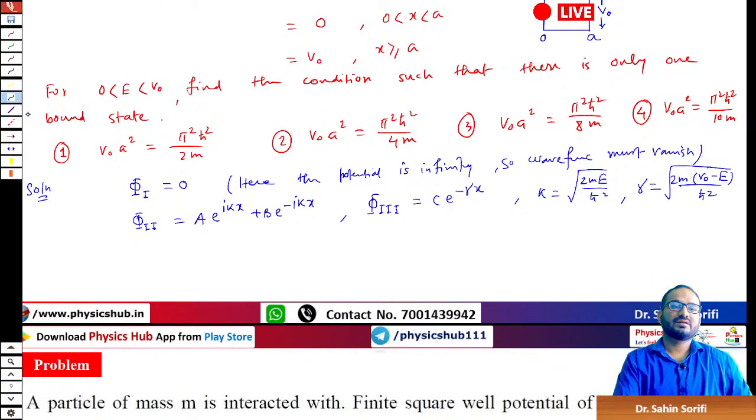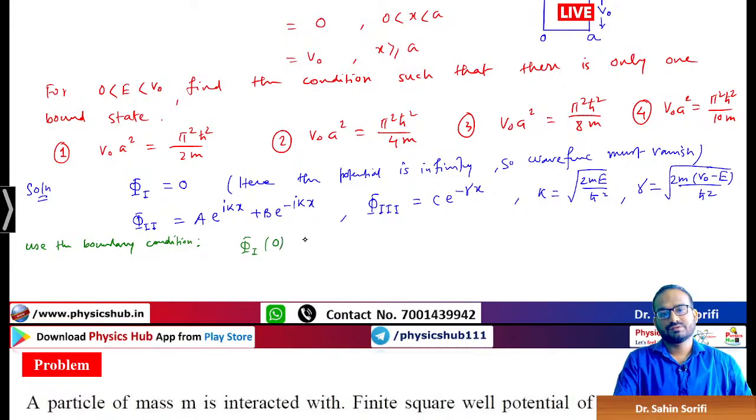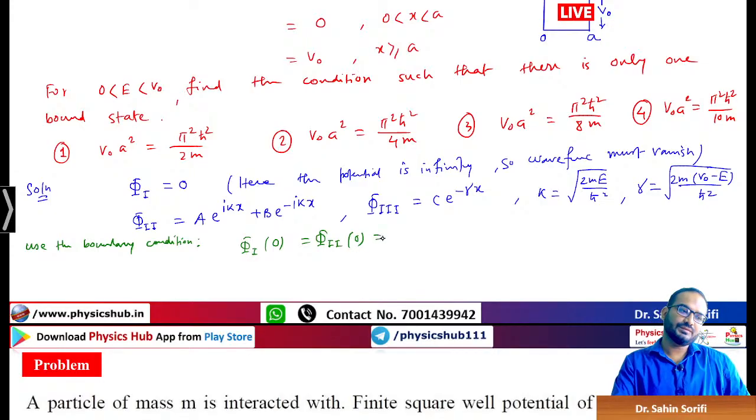Now we can use the boundary condition. What is the boundary condition? The wave function is continuous and differentiable. So look, phi 1 at x equals 0 is 0. That is why phi 2 at x equals 0 should also be 0.